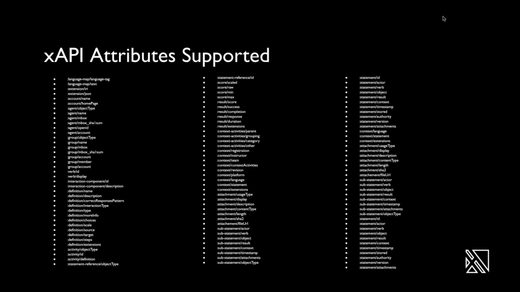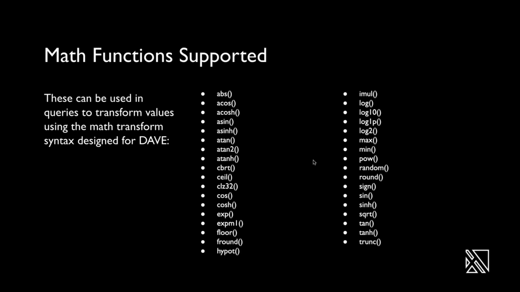As I've mentioned, Dave fully supports all of the attributes of XAPI. So from your basic actor, verb, objects through all of your context, score, result, and substatement and extension attributes within an XAPI statement, they are all queryable through Dave. And Dave natively supports a variety of math functions.